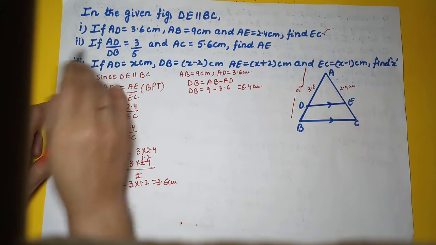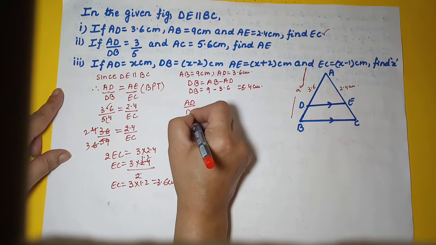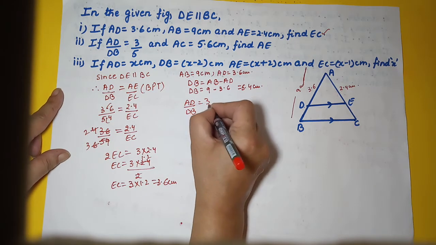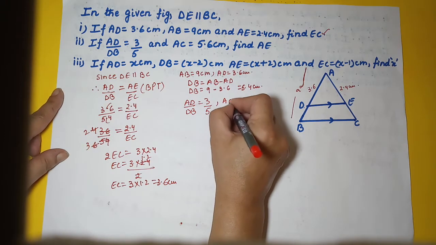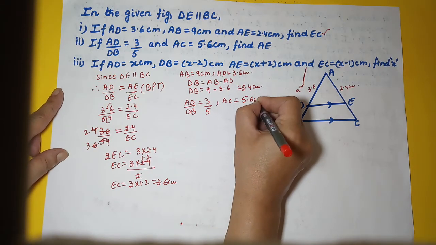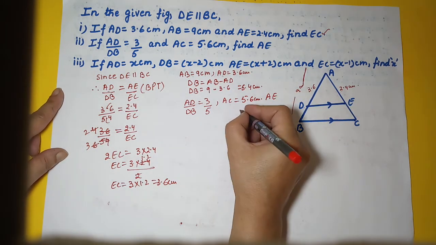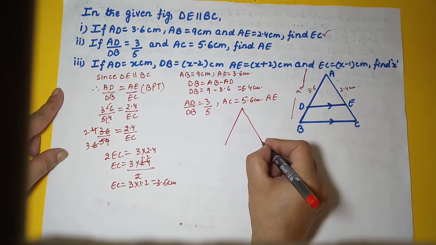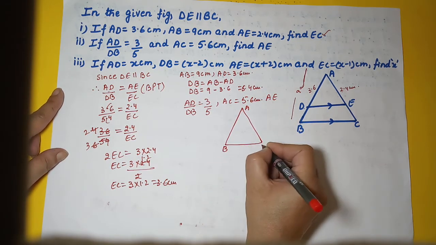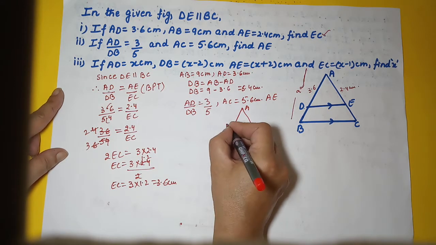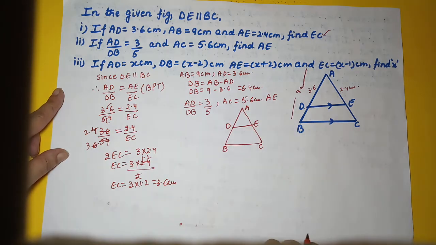Now for the second part, he has given AD by DB as 3 upon 5, right? And AC is also given 5.6 centimeters and he wants me to calculate AE. So the triangle will be like this. This will be my A, B, C, and this is my D and E. AD by DB is given 3 by 5.